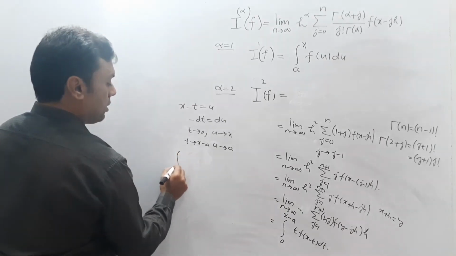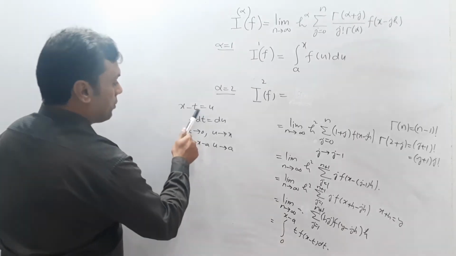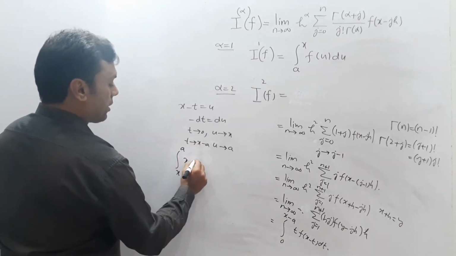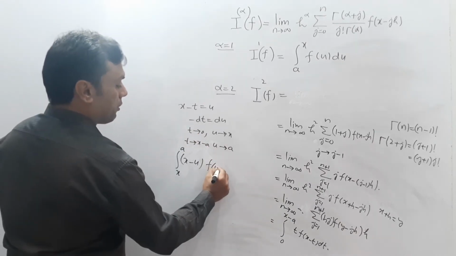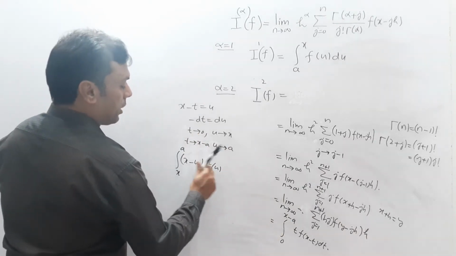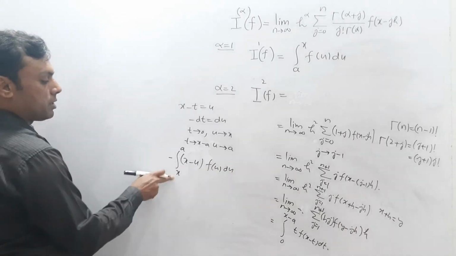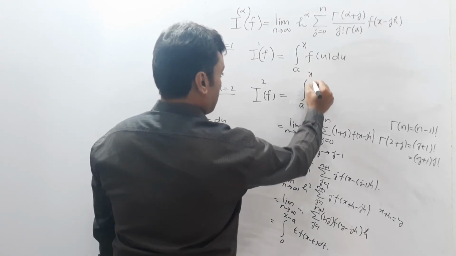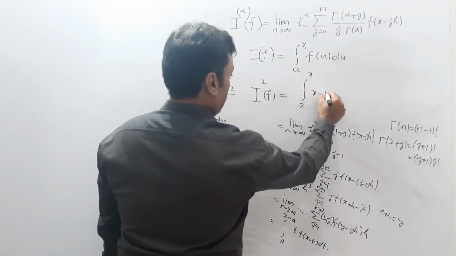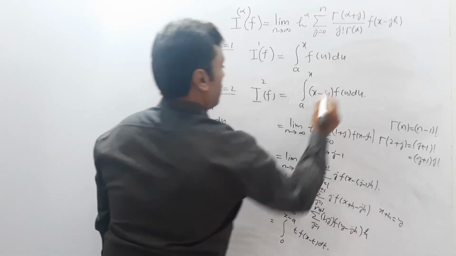This becomes x minus u times f of x minus t, which is f of u, and dt is minus du. We can adjust the negative sign by swapping the integral limits, so this becomes the integral from a to x of x minus u times f of u du.